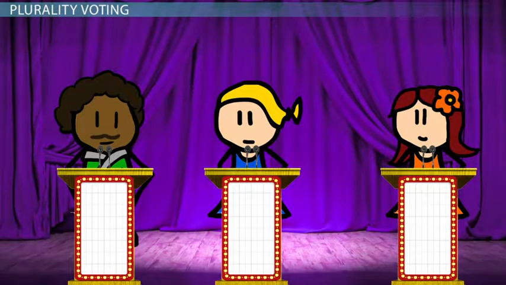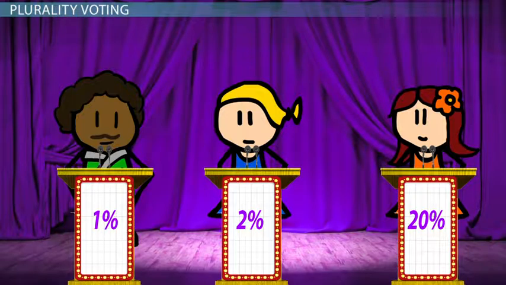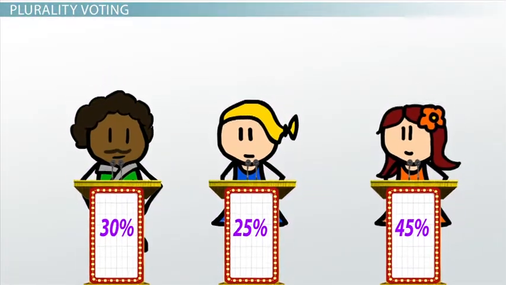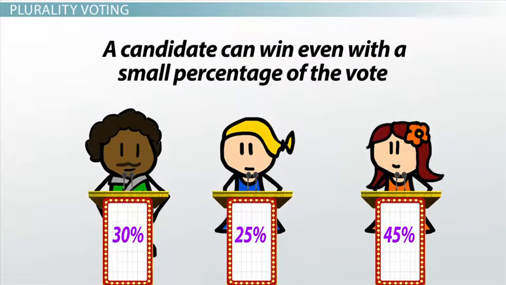Based on a first past the post plurality election system, even if Violetta had only 20% of the vote, if every other candidate had less than that, 1%, 2%, 3%, or up to 19%, she could still win this election. There would have to be a lot of candidates to make that happen, but a candidate can win even with a small percentage of the vote as long as it is the highest percentage compared with other candidates.